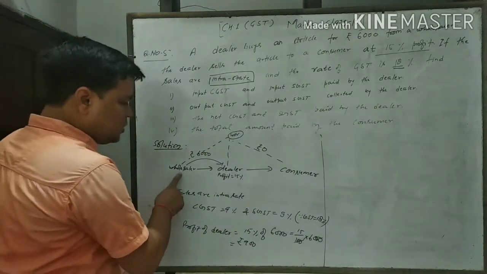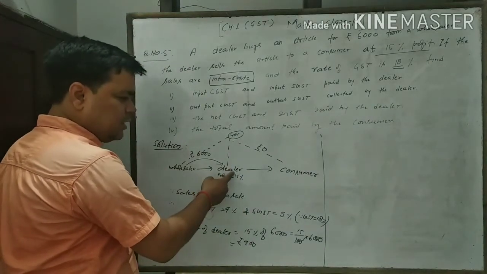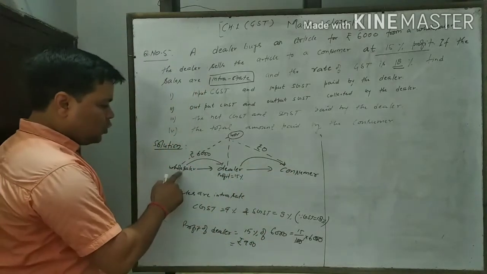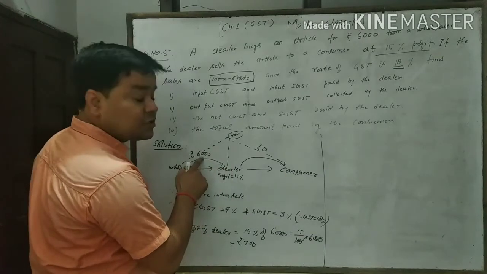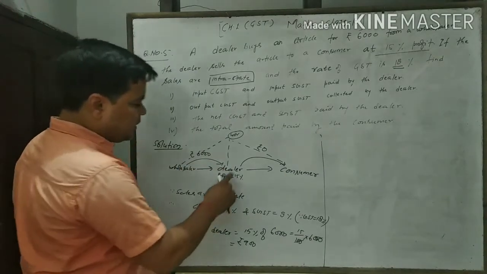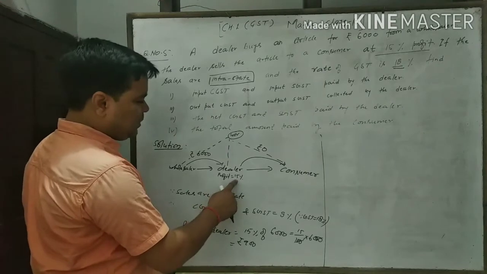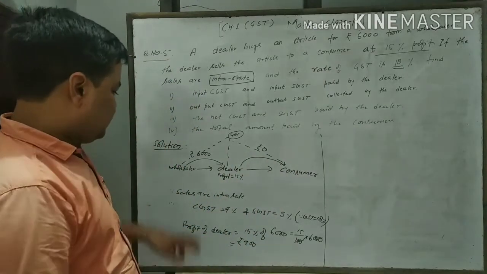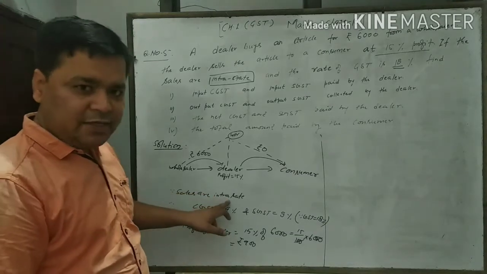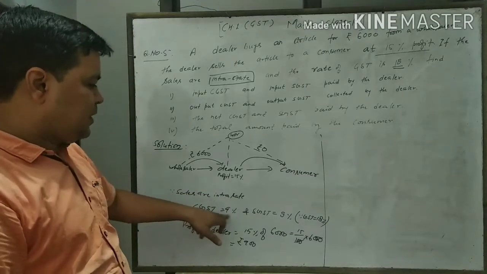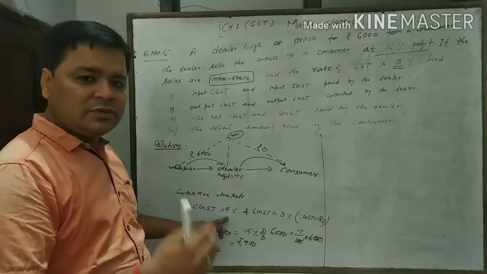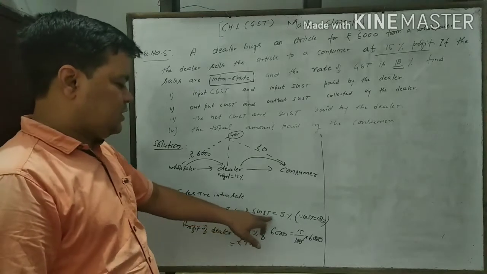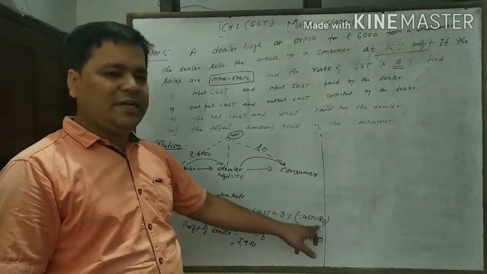Here, the wholesaler sells to the dealer and the dealer sells to the consumer. The wholesaler sells to the dealer for 6,000 rupees and the dealer takes the profit of 15% and sells it to the consumer. And the sales are intra-state, therefore CGST will be half of the GST, 18 by 2, that is 9%, and the same for SGST also, because GST is 18%.